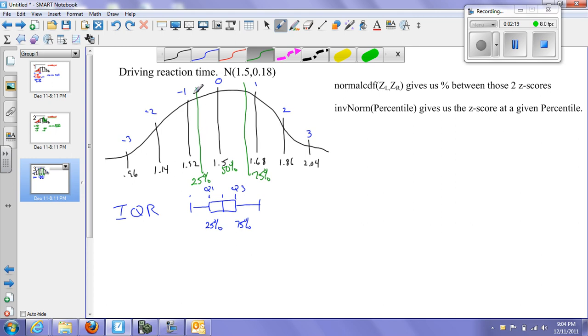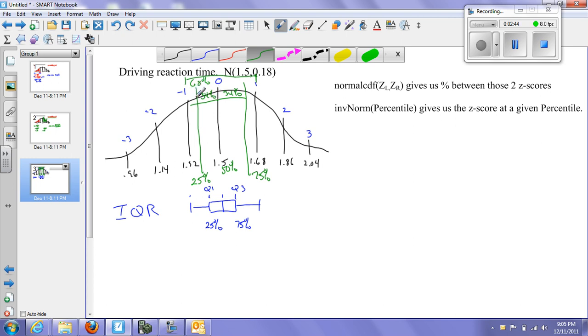If I remember my normal curve, between negative 1 and positive 1 standard deviation there is 68%, so each portion is 34%.